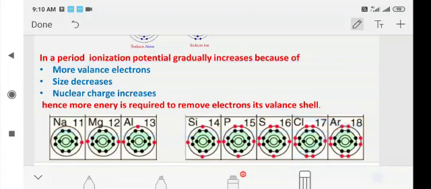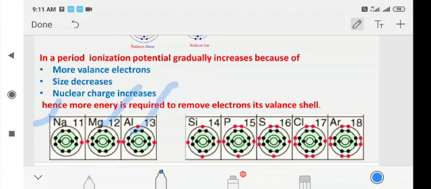Now we have to give an explanation and reasons for that, and for that focus on this structure here. See again, sodium has 1 electron, the last shell contains only 1 electron. Sodium is ready to give an electron, magnesium is also ready to give electrons, but it has 2 electrons, so more energy is required, as there are more electrons to remove.